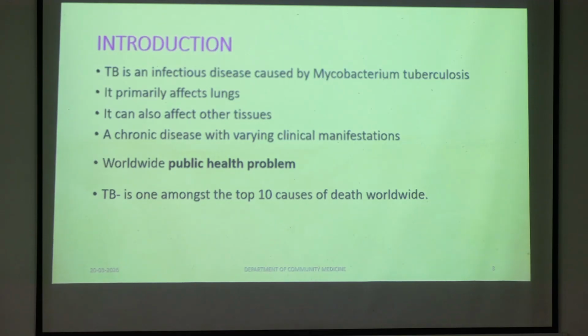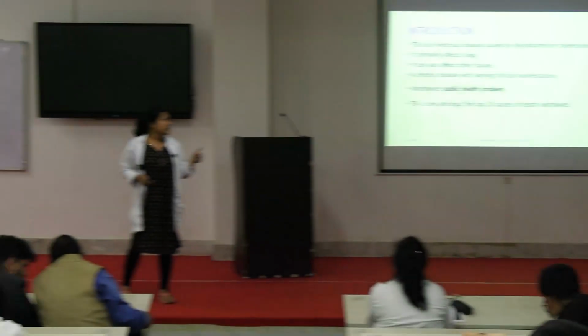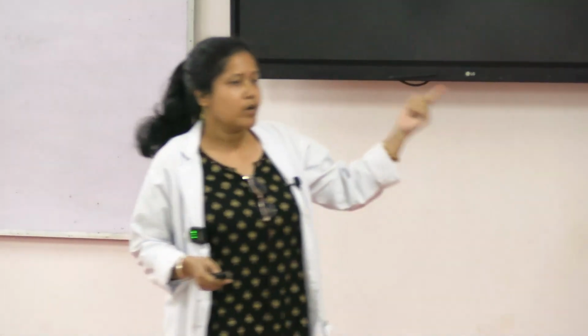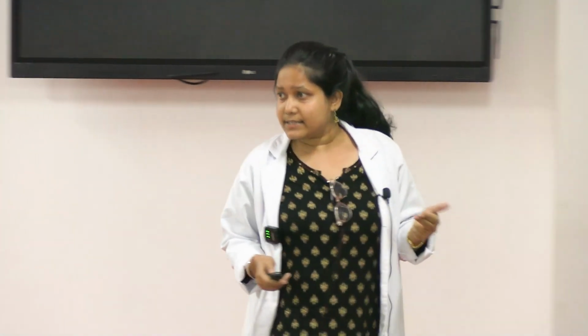It's an infectious disease caused by, as you already know, Mycobacterium tuberculosis. It primarily affects the lungs, which we call pulmonary tuberculosis. It can affect other tissues as well, as already said, eyes, bones, sinuses.